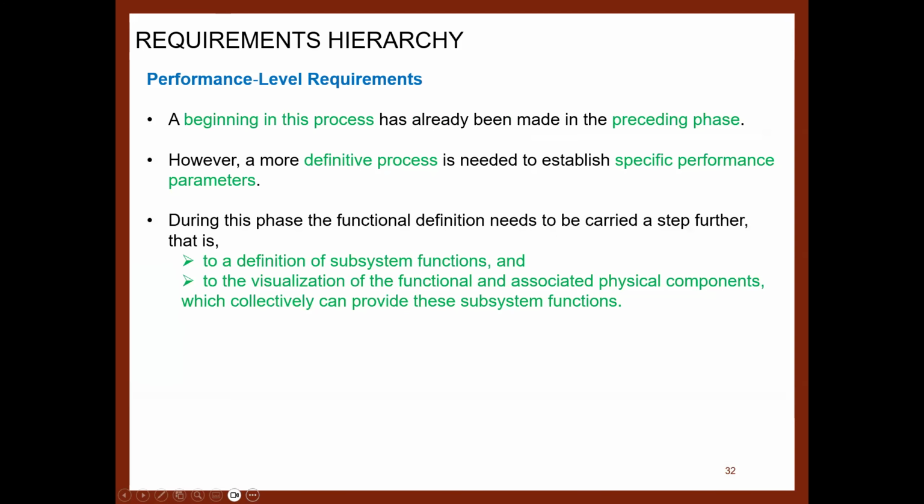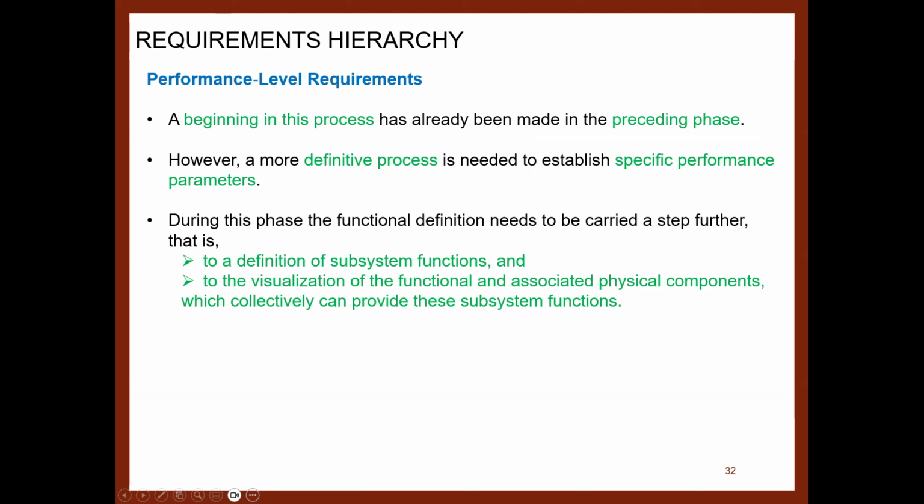A beginning of this process has already been made in the preceding phase. However, a more definitive process is needed to establish specific performance parameters. During this phase, the functional definition needs to be carried a step further to a definition of subsystem functions and to the visualization of the functional and associated physical components, which collectively can provide these subsystem functions.